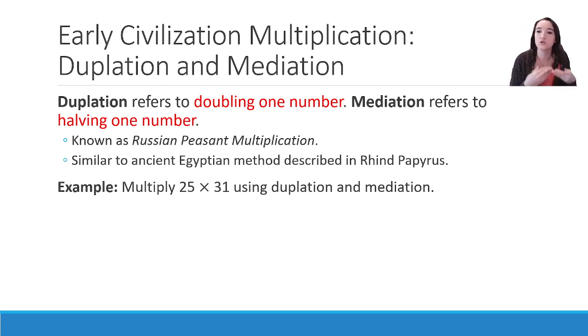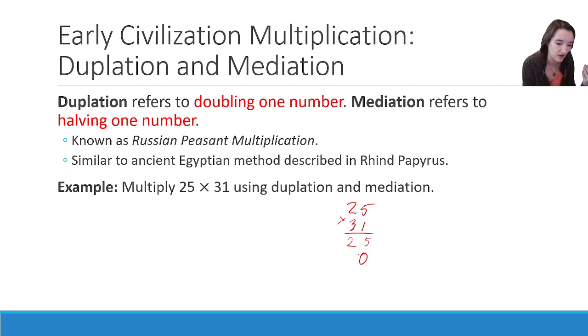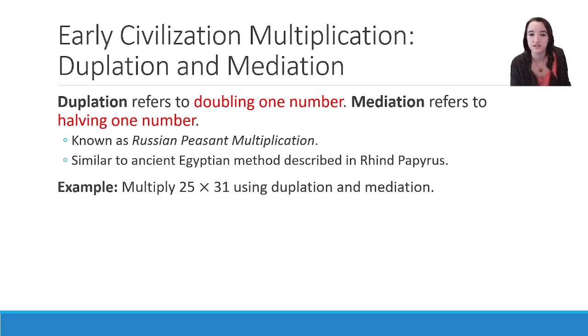Essentially, what we're going to do is multiply 25 times 31 using this method. Now, of course, we know how to multiply 25 times 31, right? I can write out my 25 times 31, 1 times 5, 1 times 2, 3 times 5, carry the 1, 3 times 2, I add, I get an answer, etc. I can get that using the method that we use today.